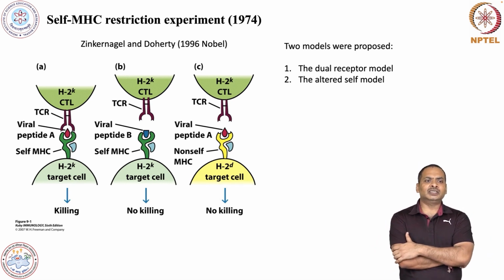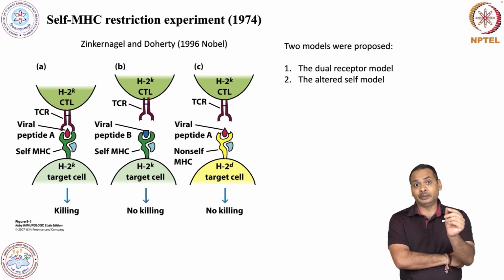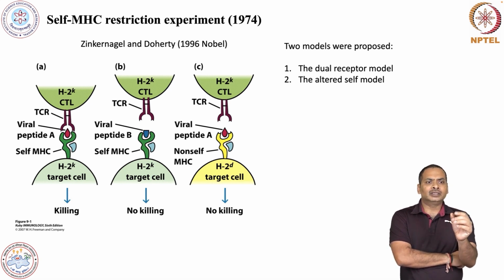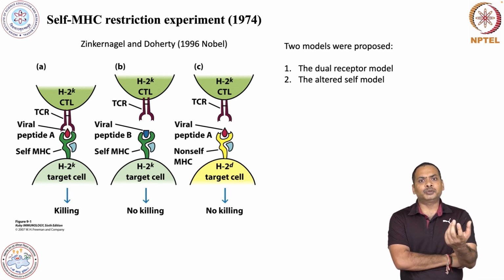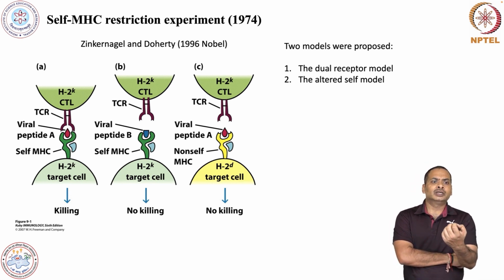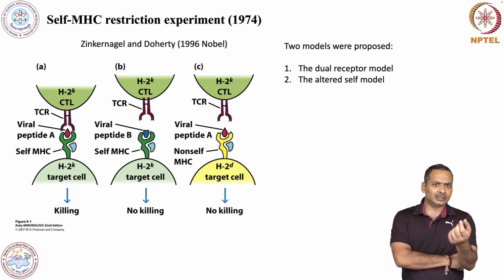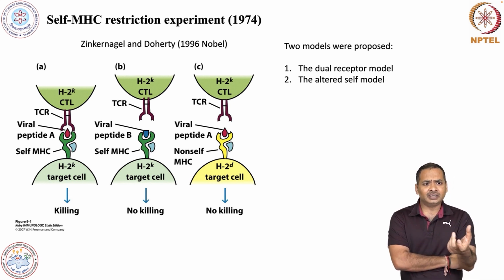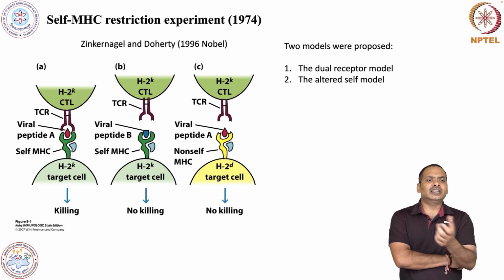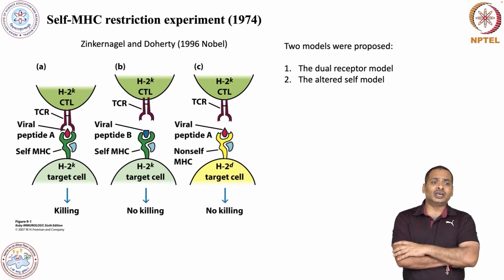Here in panel A, please note that H2K is MHC. If the MHC molecule is the same and the antigen is presented appropriately along with the MHC molecule, then the TCR recognizes it and that causes killing of the target cell.